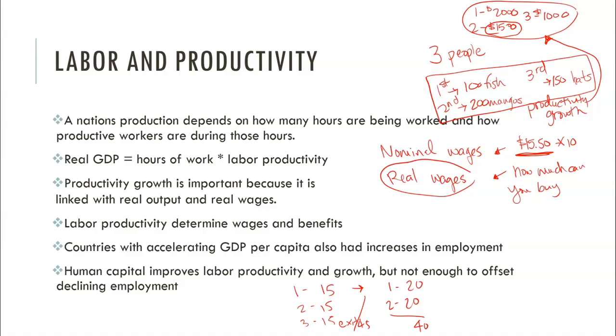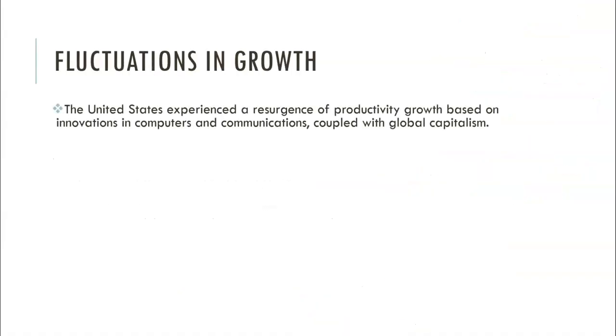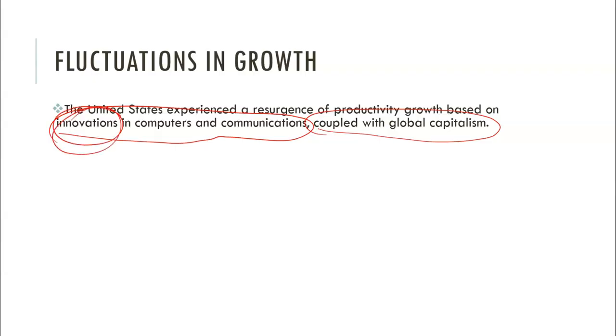But human capital improvements, labor productivity is one of the main drivers of growth in the US. We do see a lot of fluctuations in growth. There was a resurgence of productivity growth based on innovations in computers and communications, coupled with global capitalism. So innovations are going to make us more productive.